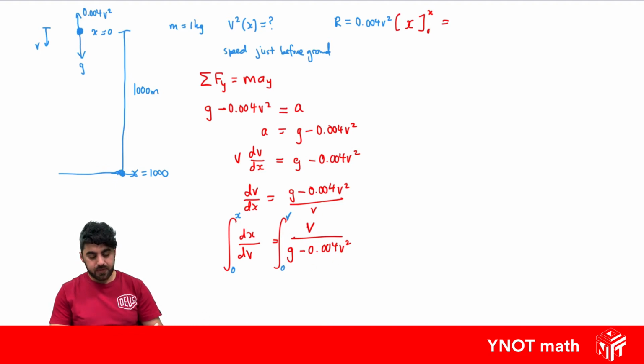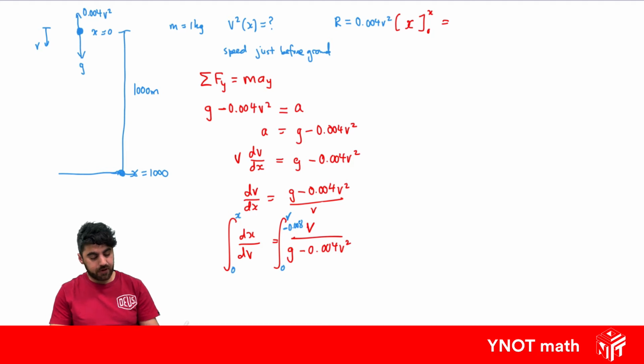And this is going to equal, now integrating this, we know the derivative of the denominator is actually going to be minus 0.008 v, and it's pretty close to what we have in the numerator. So we can multiply by 0.008, but then we need to divide by minus 0.008.